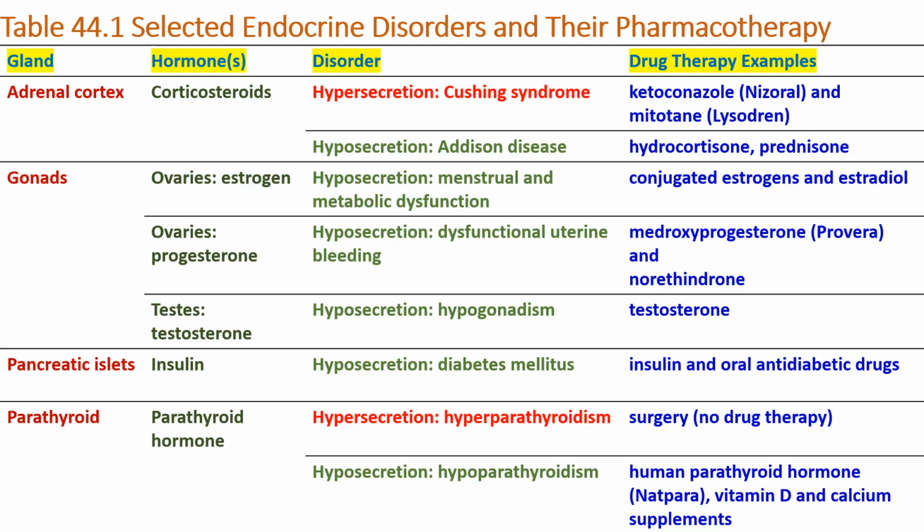With hyposecretion, which is Addison's disease, where there's decreased adrenal gland secretion, they will be treated with hydrocortisone, which is a steroid, or prednisone.